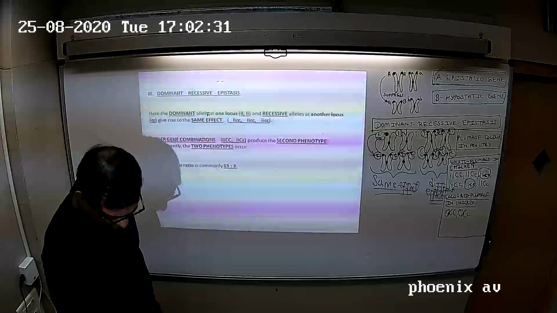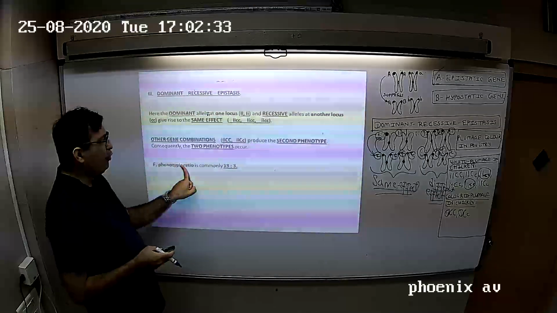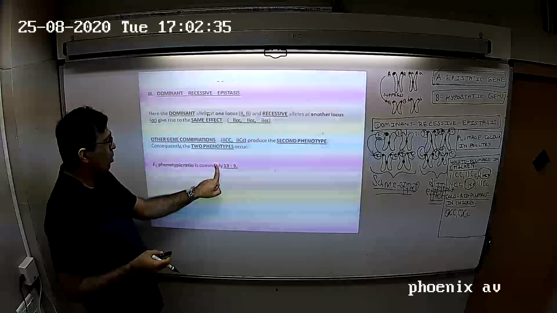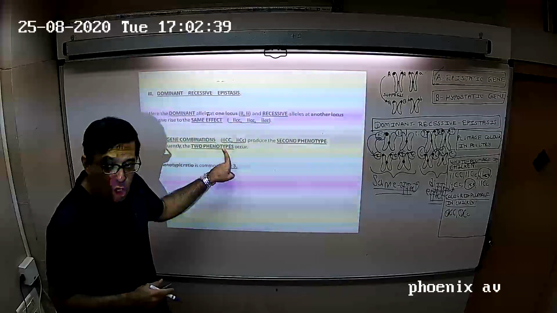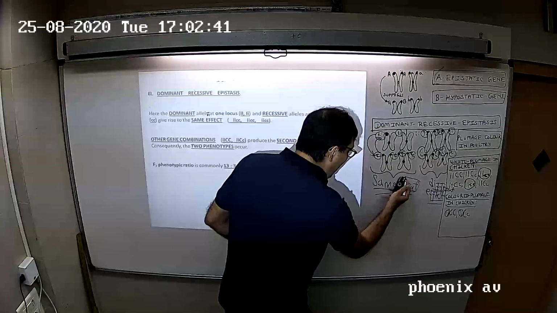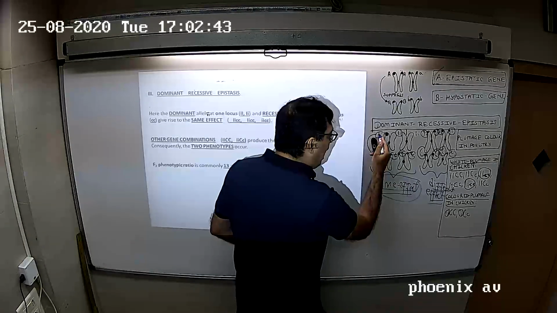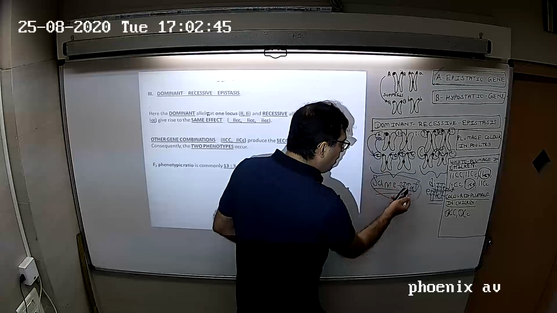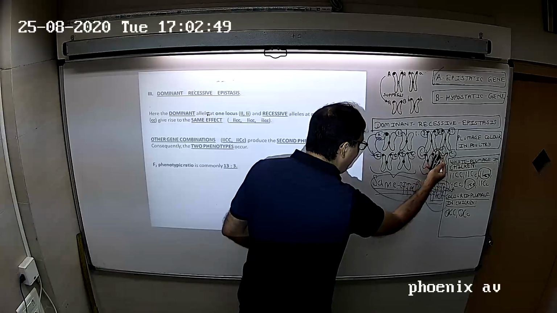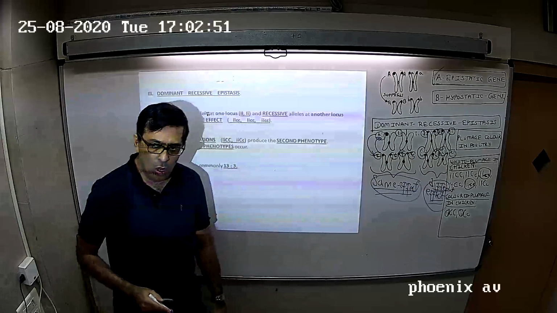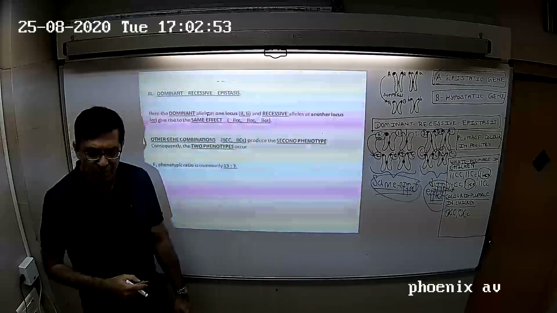Now, let's take an example. The F2 phenotypic ratio. So how many types of phenotypes are obtained? Two types of phenotype. One will be capital, small, and one will be small, capital. So these are two different phenotypic effects.